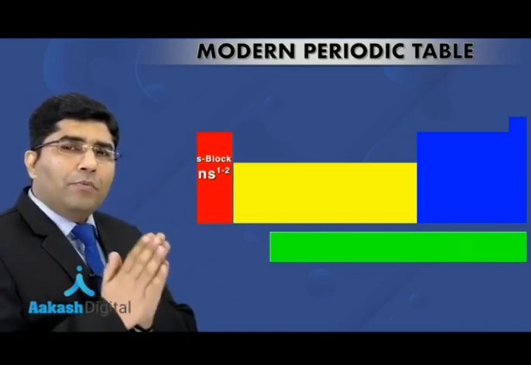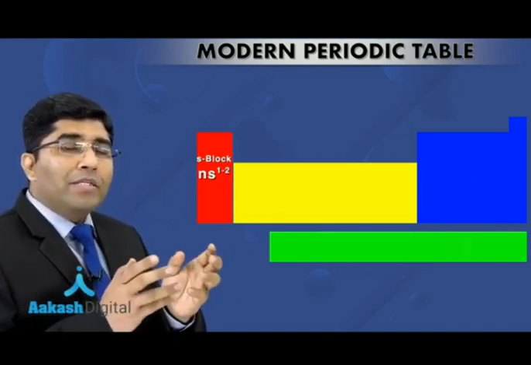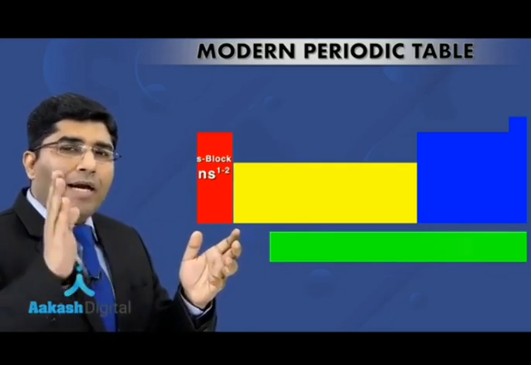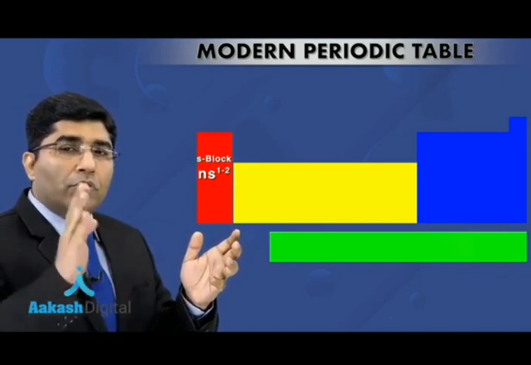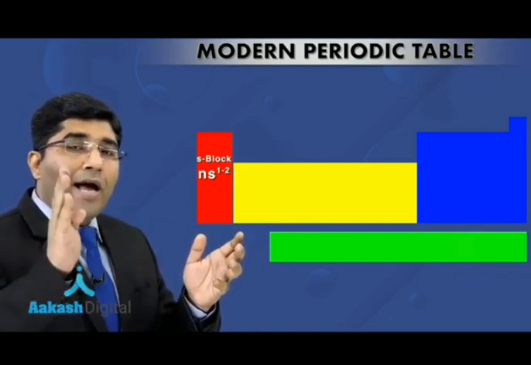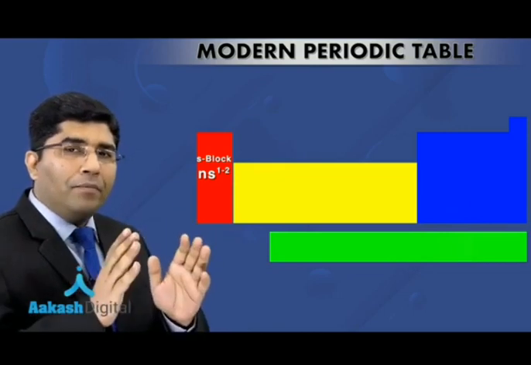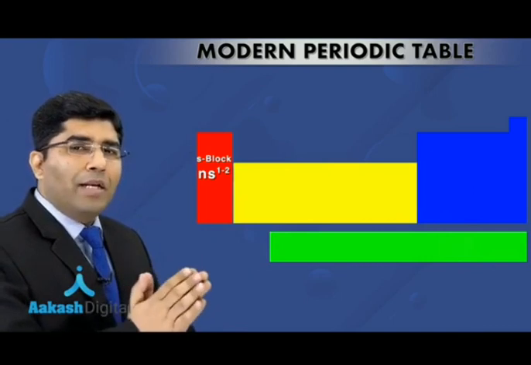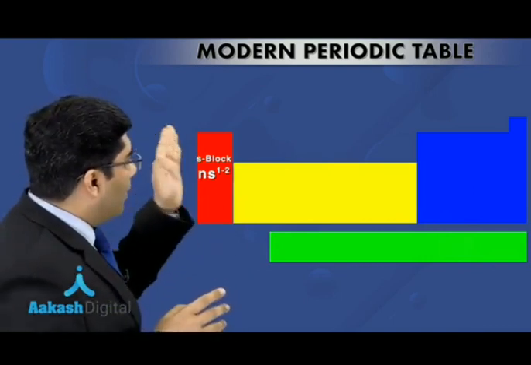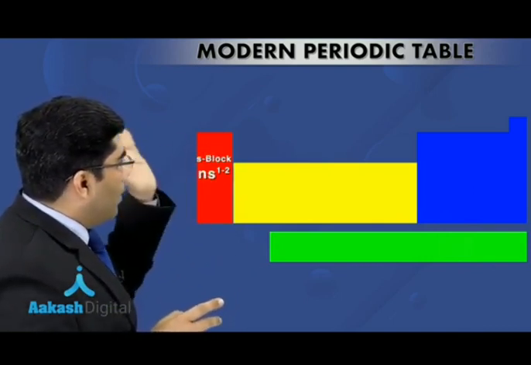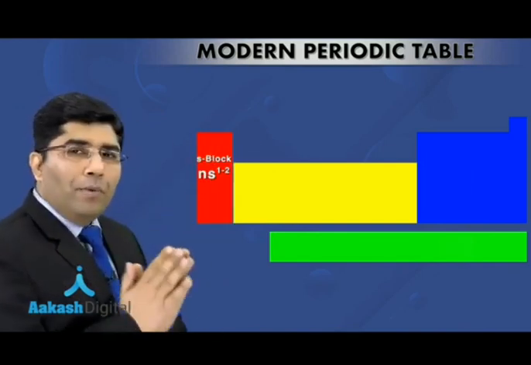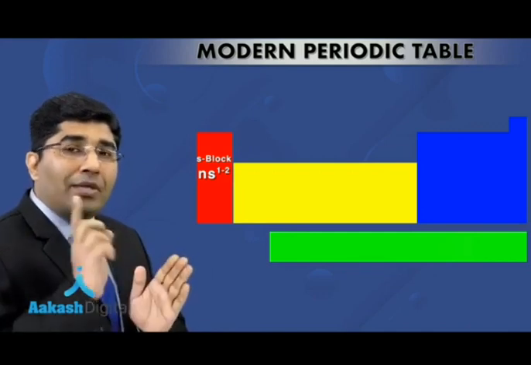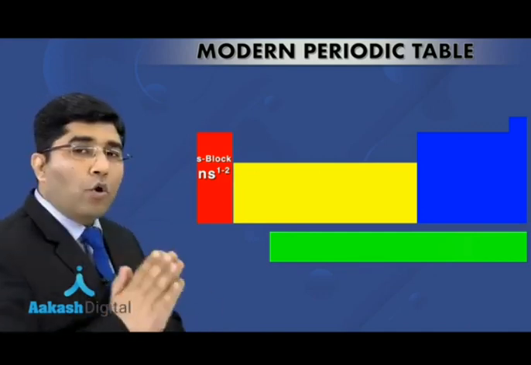This modern periodic table, which is based on atomic number, is actually based on the electronic configuration. So we have to follow the Aufbau rule, right? So according to the Aufbau rule, first we have to fill the s subshell. So in this case, the configuration is ns1-2, meaning we are filling the electrons in the s subshell. That's why the s block is called the s block.